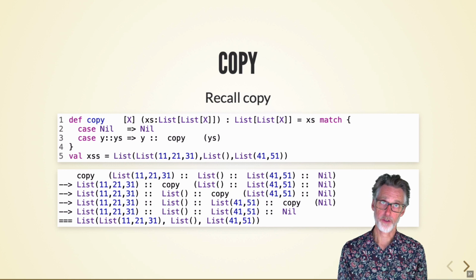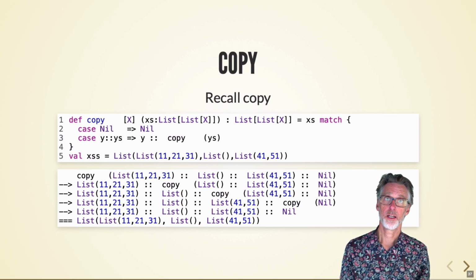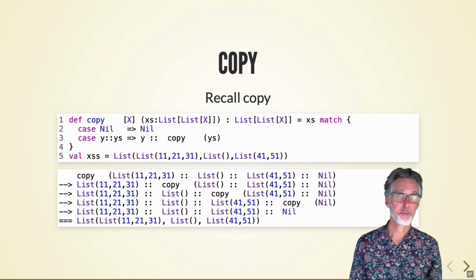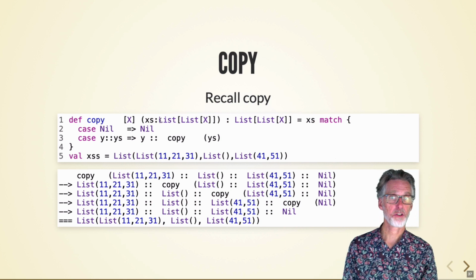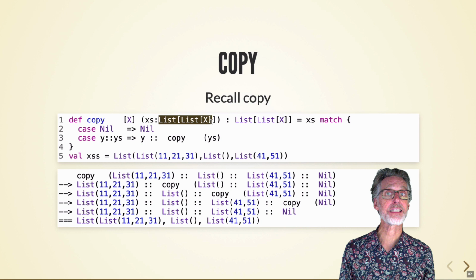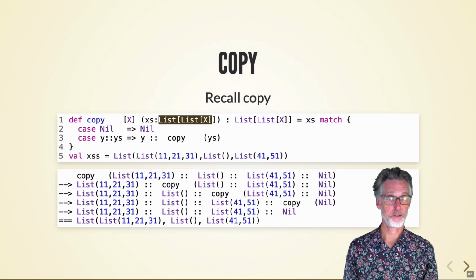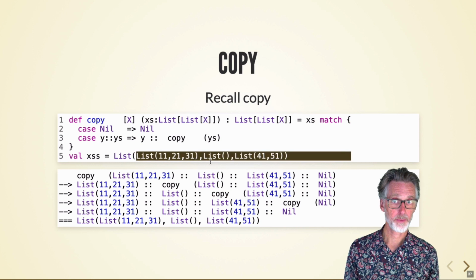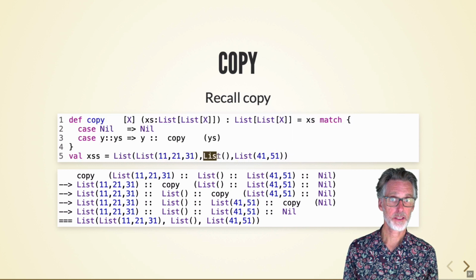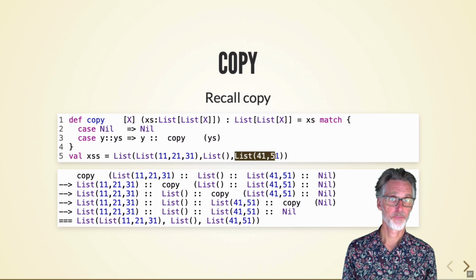Let's look at another function, which again I'll introduce via copy. And I'm going to take a version of copy that's specialized to work on lists of lists. So here's a list of lists, and I have first a list of 3 elements, then a list of 0 elements, then a list of 2 elements.